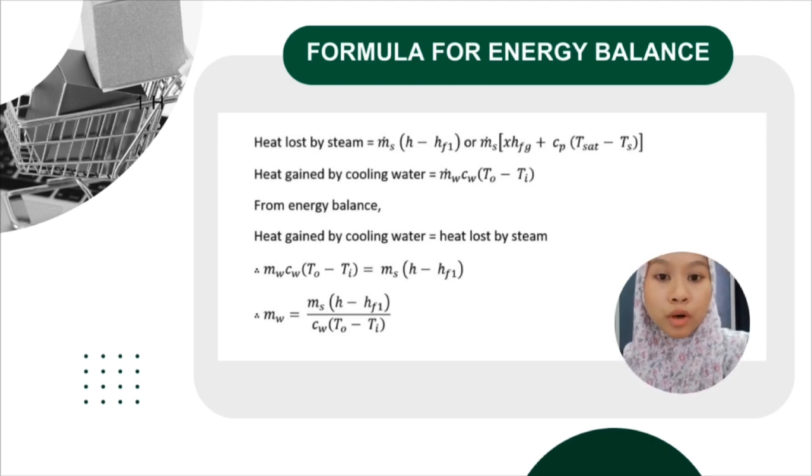So for the terms: Mw, mass of cooling water; Ms, mass of steam condensed; H, total heat of steam entering condenser; Hf1, total heat in condensate; Ti, inlet temperature of circulating water; To, outlet temperature of circulating water; Tsat, saturated temperature of steam; Ts, temperature of the condensate; Hfg, latent heat of evaporation; and Cw for cooling water.